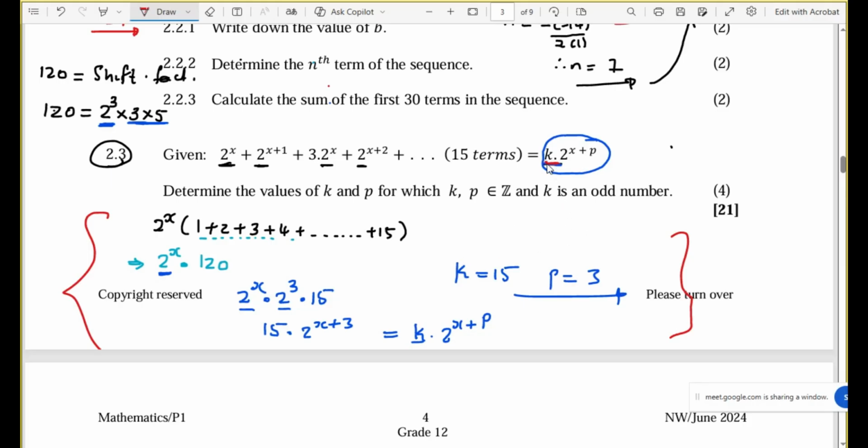We have a k where they say k is an odd number. Is 15 not an odd number? That's an odd number, multiplied by 2 to the power x plus p. So you can see that this equation is the same as that equation. They are in the same form. This tells you that k is just 15 and p is just 3.